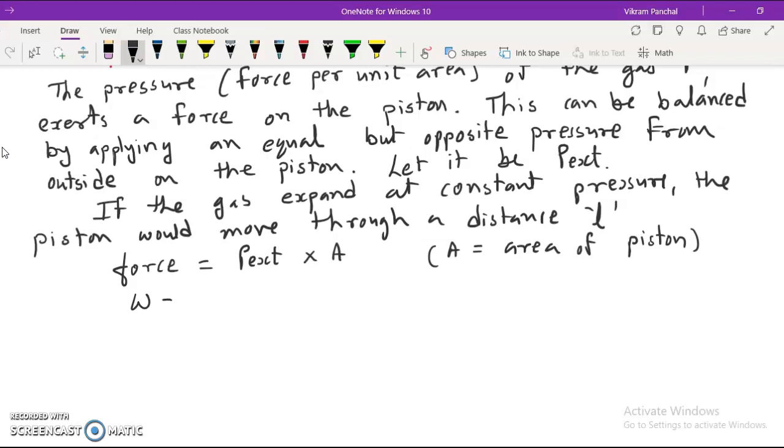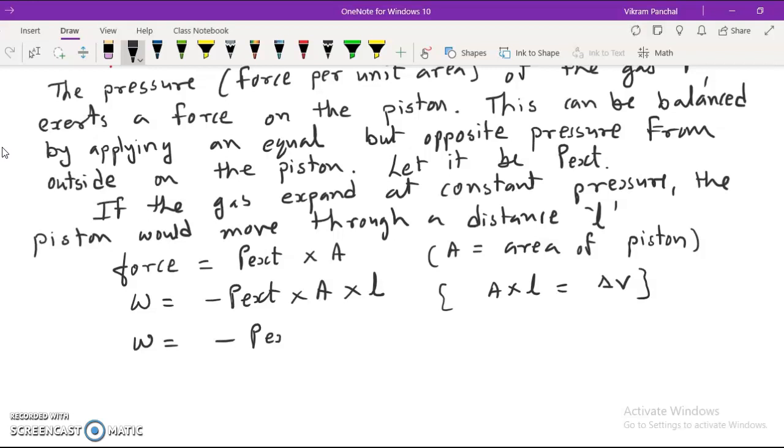Therefore, W is equal to minus P external into area into L. Since A into L is equal to the change in volume delta V, we can say W is equal to minus P external into delta V. Here the negative sign is kept conventionally.